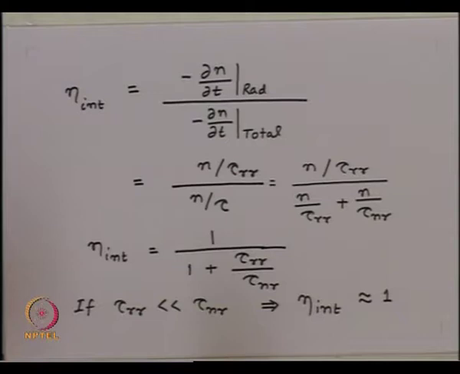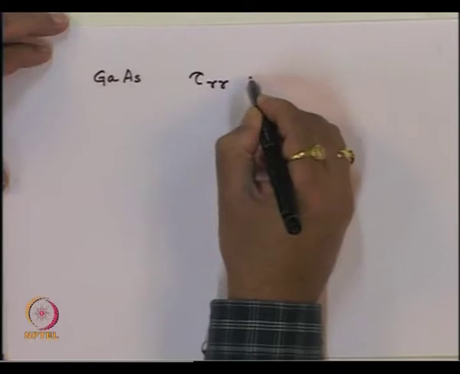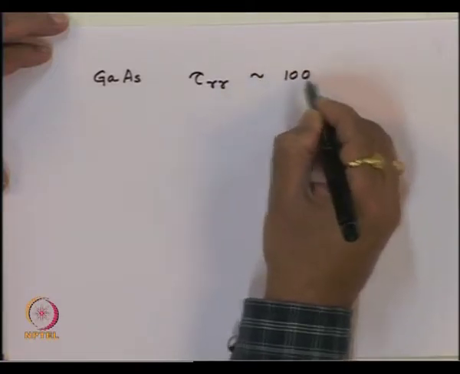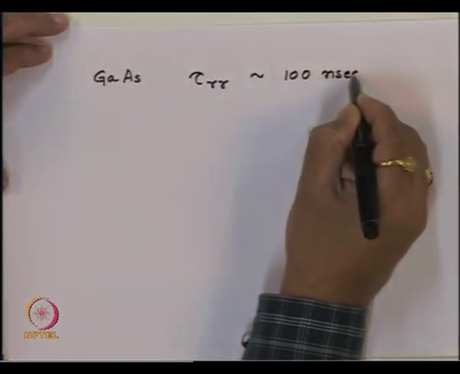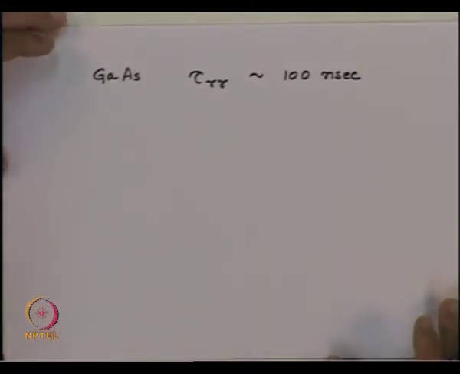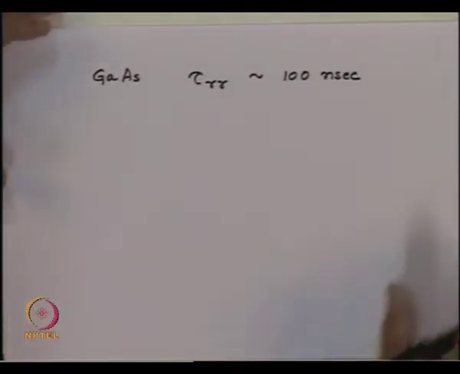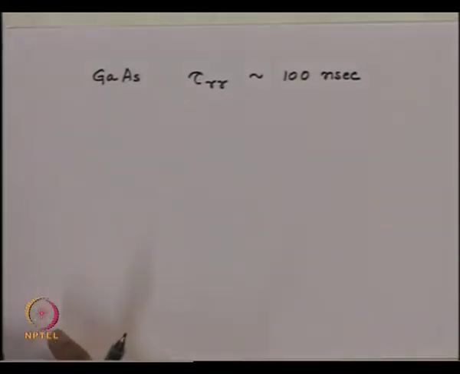So if I consider gallium arsenide, then tau RR for this is of the order of about 100 nanosecond. And tau NR will depend upon the impurity level, and if you take very pure material, then tau NR will be very large, and most of the recombination would take place because of radiative recombination and you will get efficiency.